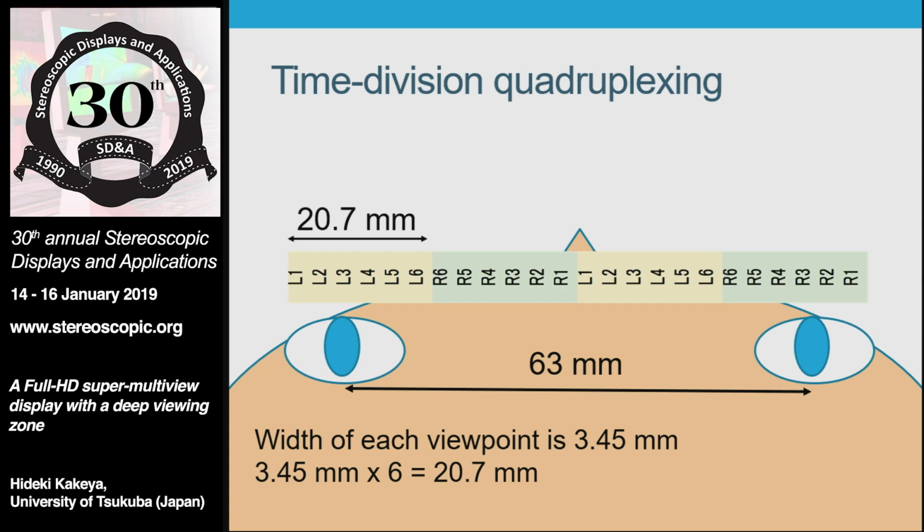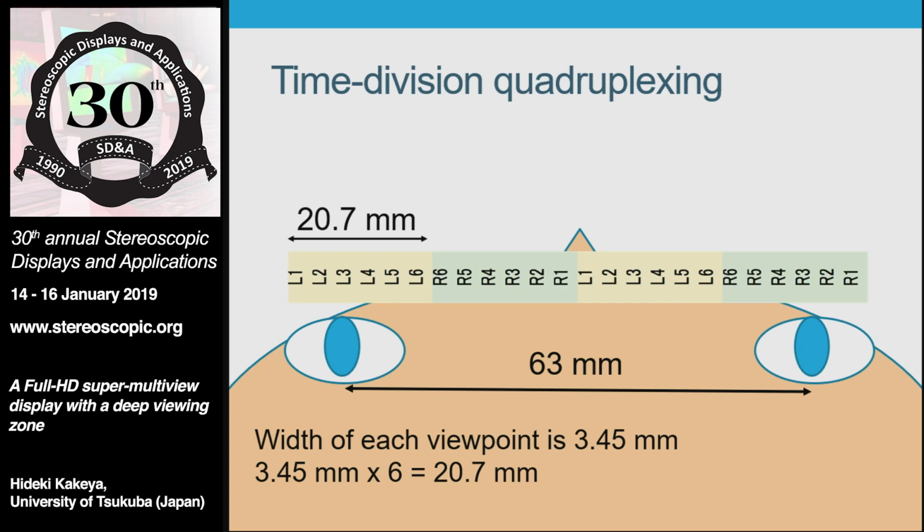And when the viewer goes farther again, we apply quadruplexing. Here, when the viewer is farther, the width of each viewing zone becomes wider again. If we decrease the number of views for the left eye and the right eye by applying quadruplexing, the same width of the viewing zone is secured for the left eye and the right eye.